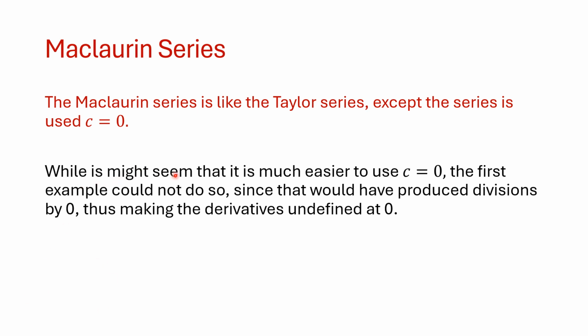So while it might seem that it's much easier to use c equals 0, the first example could not do so since we would have produced divisions by 0 in all of the derivatives. So the derivatives would not have existed, and that would make a big problem.